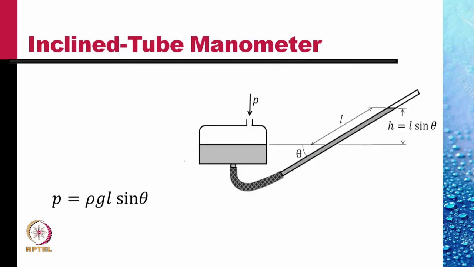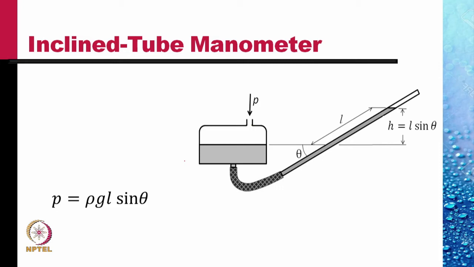This is another device, an inclined tube manometer. The pressure difference that we measure is rho g h. If h is small, it can lead to error. So, to increase the value of h, we incline the limb of the manometer at an angle theta.